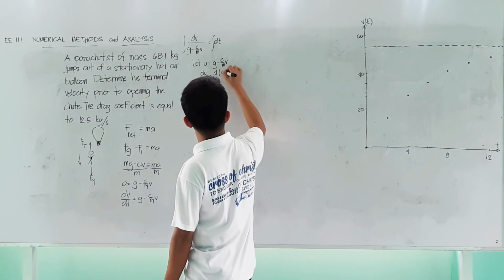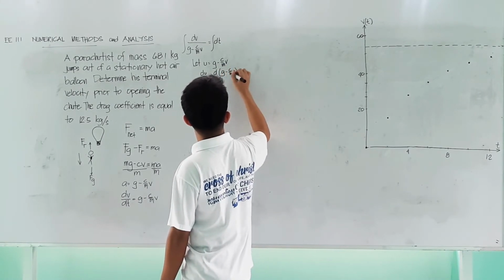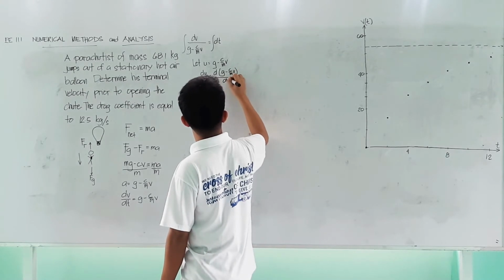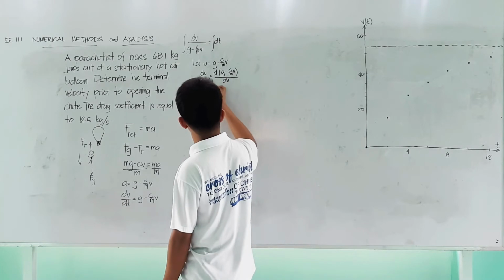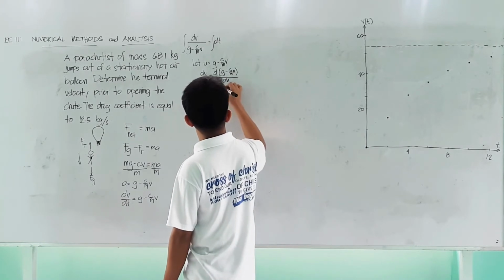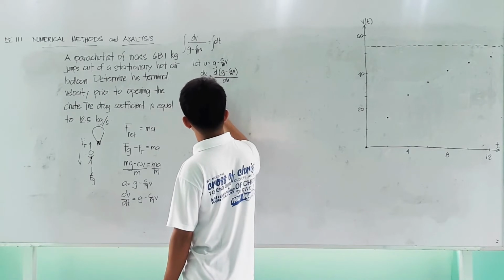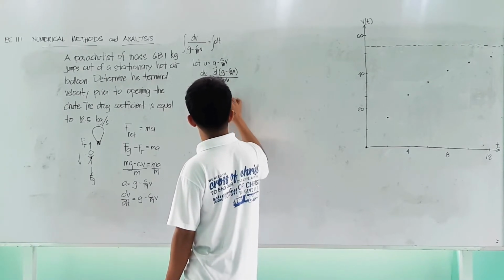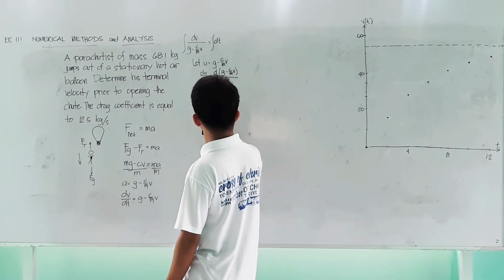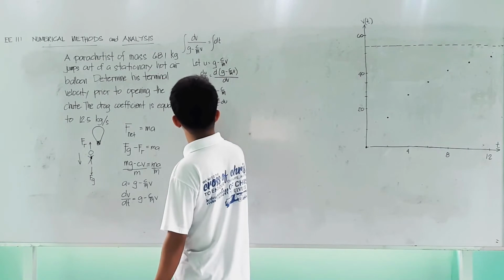That is negative c over m. That is, dv is equal to negative m over c du. Let's substitute this one with this one.